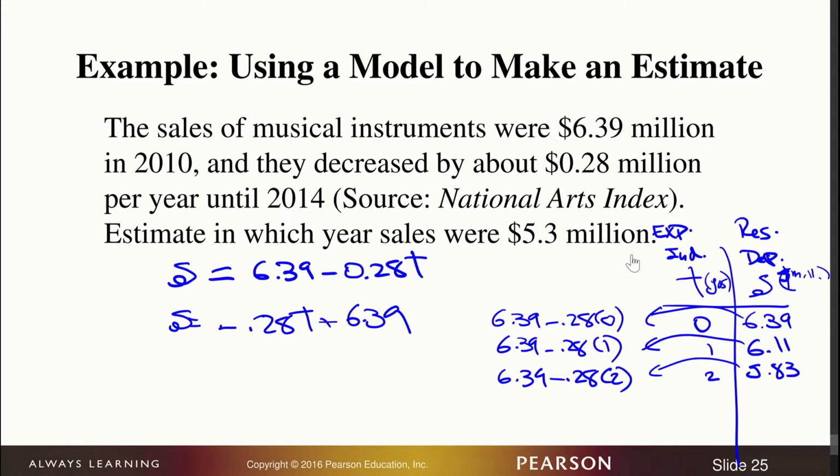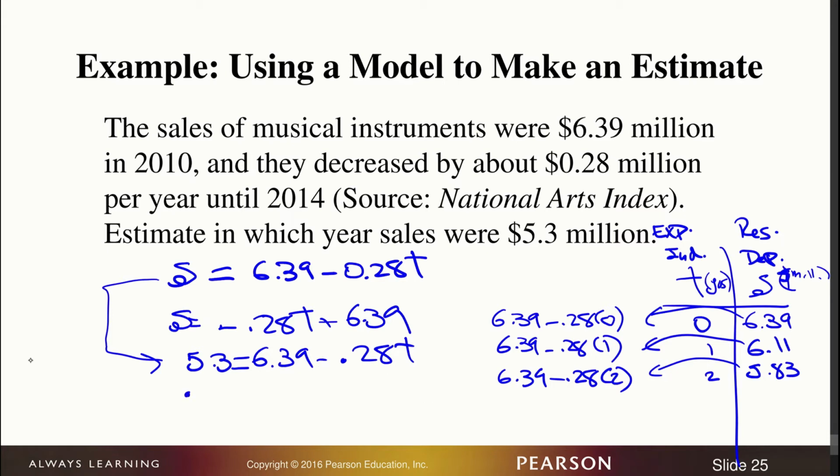So what we're plugging 5.3 for is the sales. In this equation, we're going to plug in 5.3 equals 6.39 minus 0.28t, right? Notice that I can move the negative 0.28t to the other side.